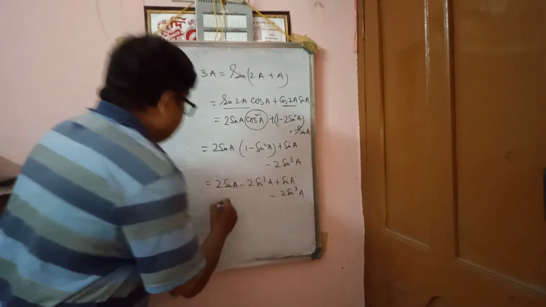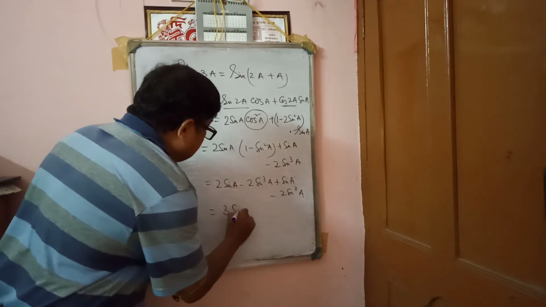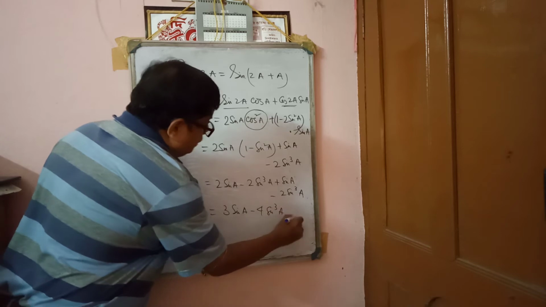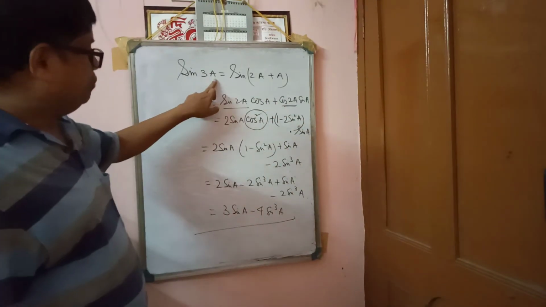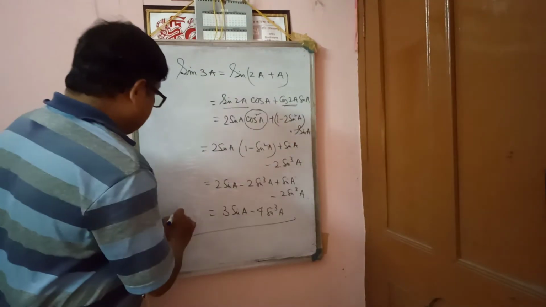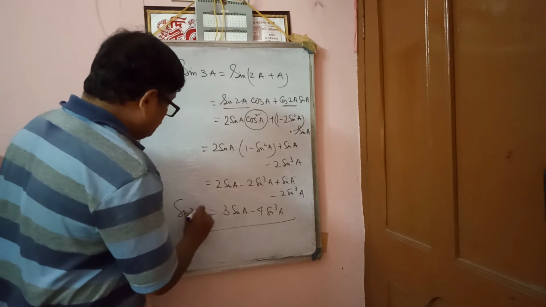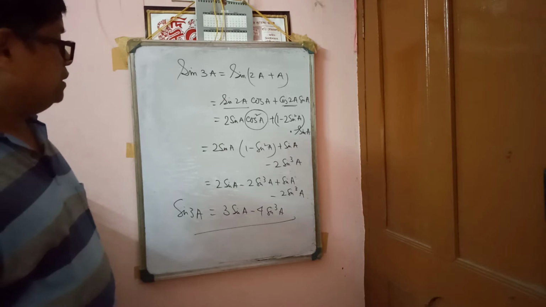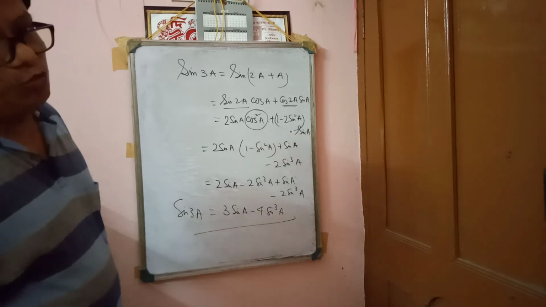Okay, so write 3 sin a minus 4 sin cube a. So we are getting sin 3a as 3 sin a minus 4 sin cube a.